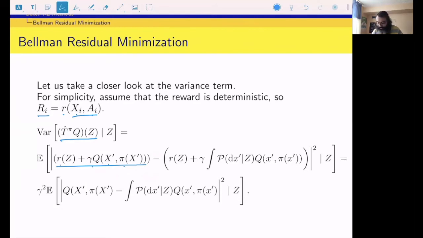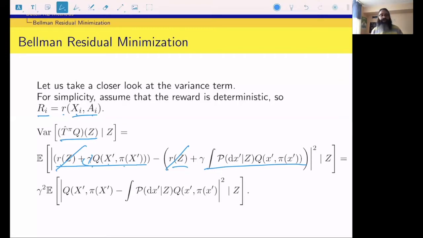So we have the reward again, but instead of just one sample, we have this whole integral over the next states. The reward part cancels because I assume that rewards are deterministic. So what I get is gamma times Q minus gamma times the expectation of Q at the next state.